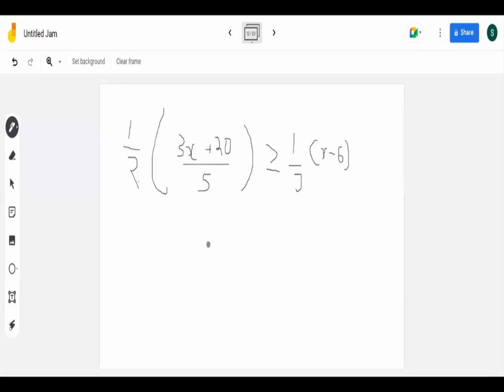Okay. We have taken the LCM here, 3x by 5 plus 4. If we take LCM, it becomes 3x plus 20 by 5. Now we can cross multiply this 10 over here and this 3 over here.